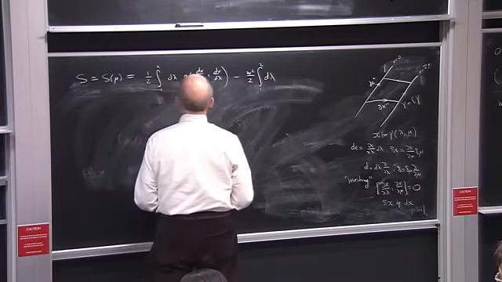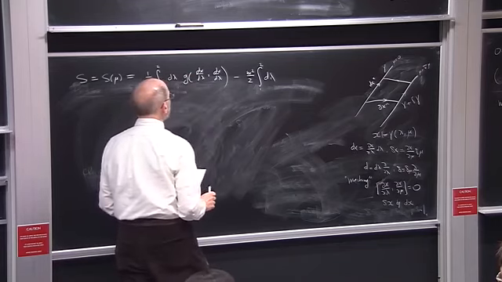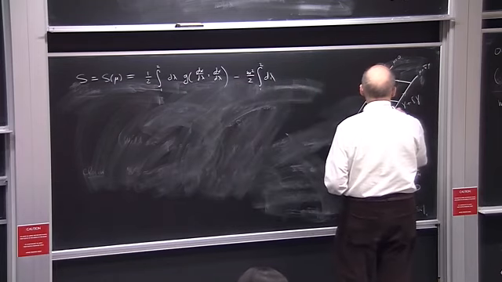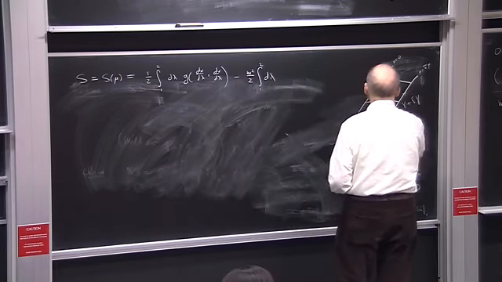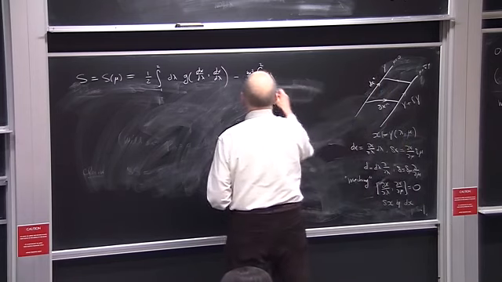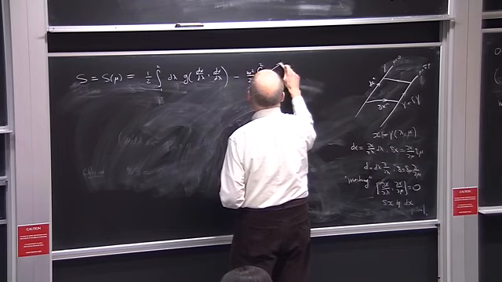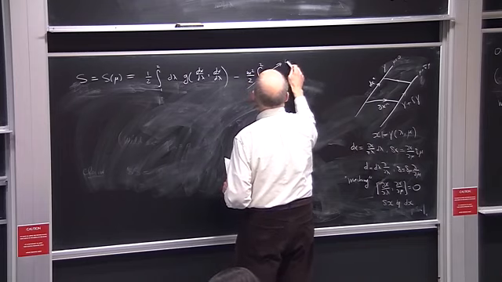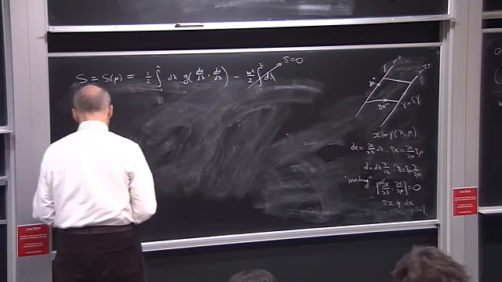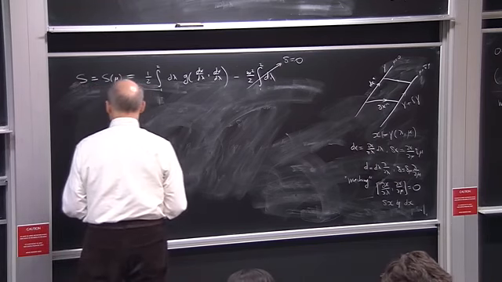When I vary the world line, that is, when I vary μ, λ doesn't change. So this thing doesn't vary, the variation of this is 0, and I can drop that. I only need to do the first part.